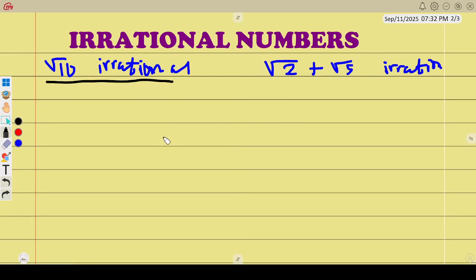Okay, so we say root 2 plus root 5. Let us assume that this is equal to a over b, just like we have been doing. And then what next? Let us try to get rid of the roots.